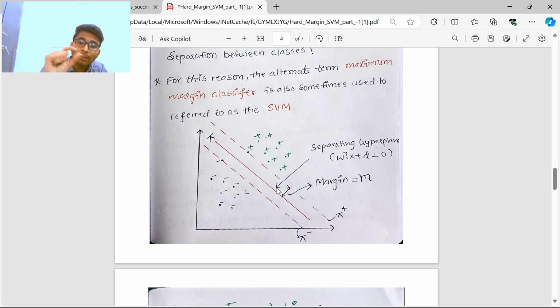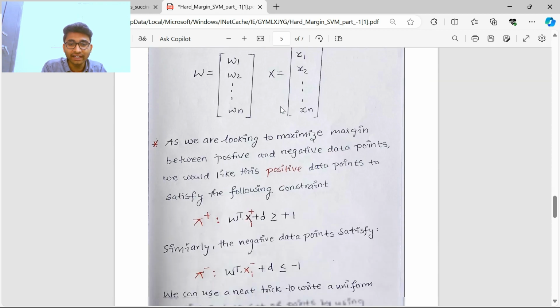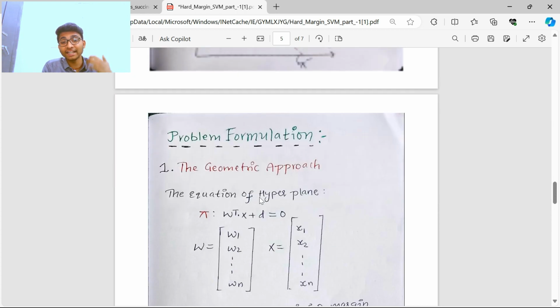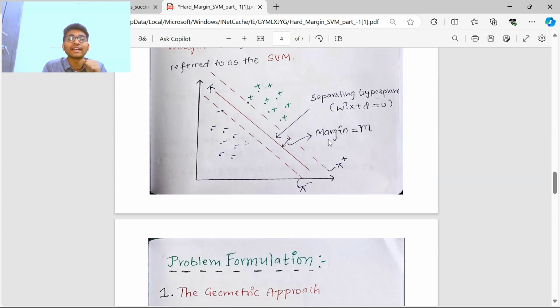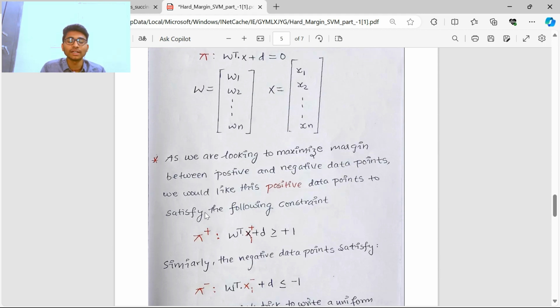If you take a point and substitute it in this equation and its value is greater than or equal to 1, we understand that the point is above this plane.